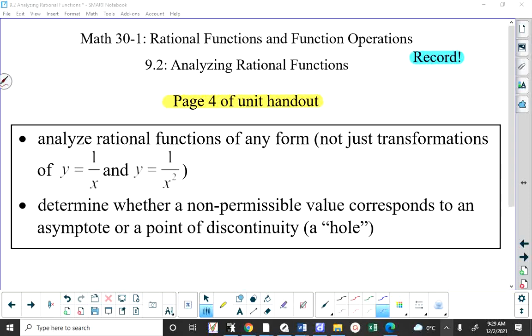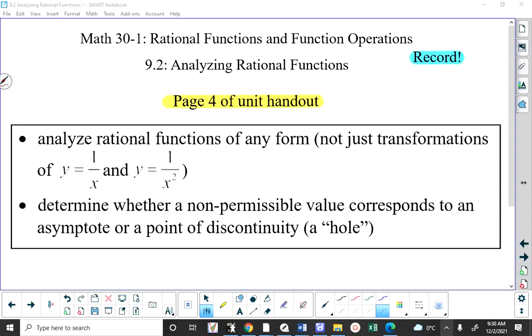And we're going to analyze rational functions of any form. So these functions we started looking at yesterday, y equals 1 over x and y equals 1 over x squared, are very simplistic rational functions. They're going to get more complicated because don't forget, a rational function is any function where you have a polynomial over a polynomial, as long as there's x in the denominator.